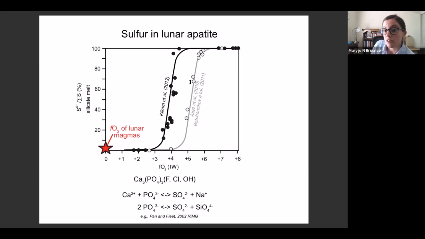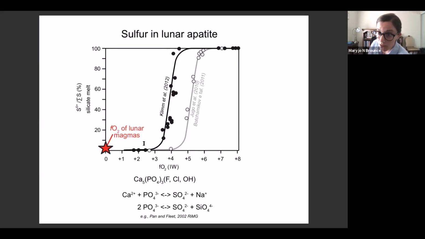These melts over here are typical of Earth basalts, and what we think is important is the concentration of iron and calcium, where if you decrease your iron concentration and increase your calcium concentration, which is what this study is doing, you're able to stabilize sulfate at lower FO2. And in general, silicate melts can dissolve more sulfate than they can sulfide before coming up with a new phase that it wants to hold the sulfur in.